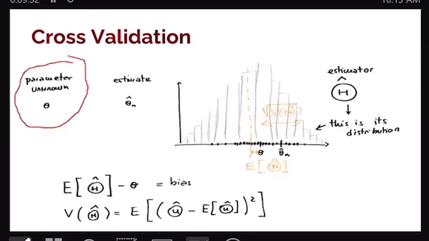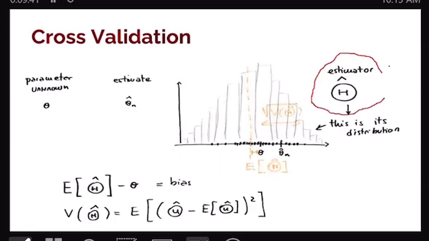Now, we know what we want, right? Take a look at this guy. It's an estimator. An estimator is a formula or method that we use when a sample is involved.